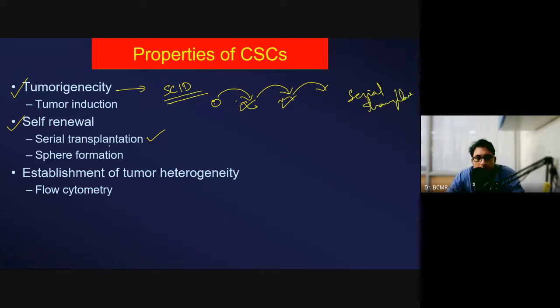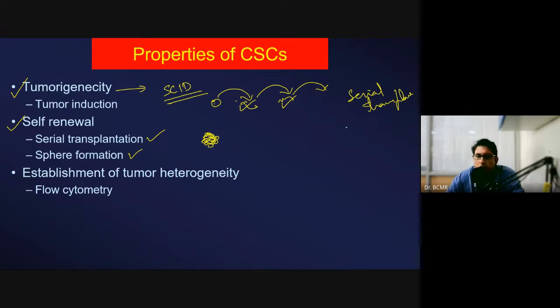And then we have sphere formation, which is something similar to the embryoid bodies we discussed with embryonic stem cells. Cancer stem cells have a property that if you take one cell or a group of cells and culture them, they can form spheres like this. Those are called sphere cultures.